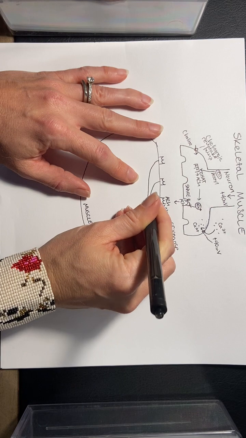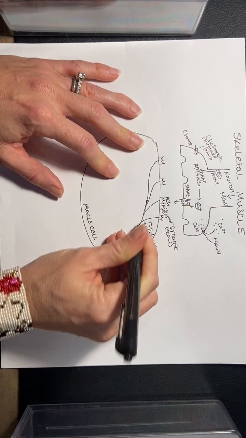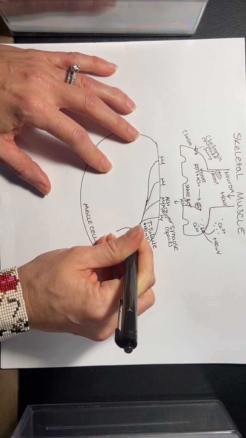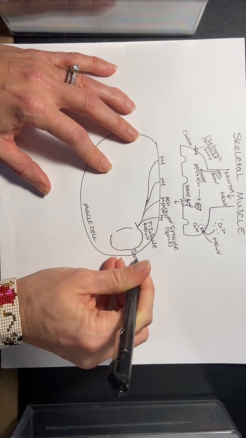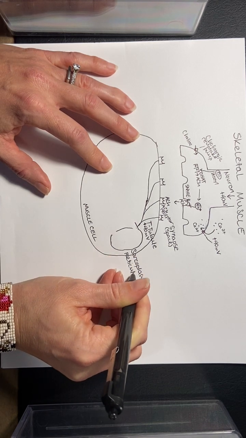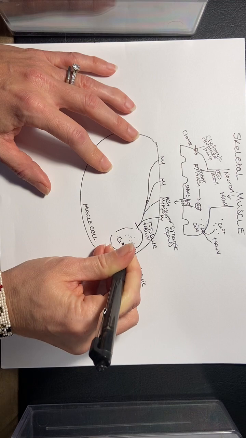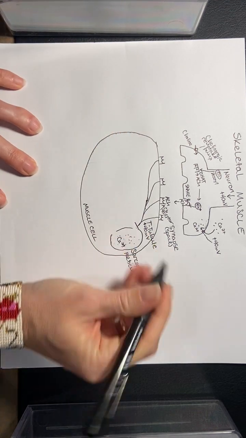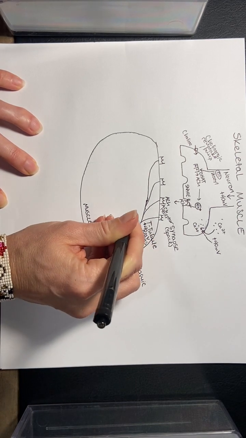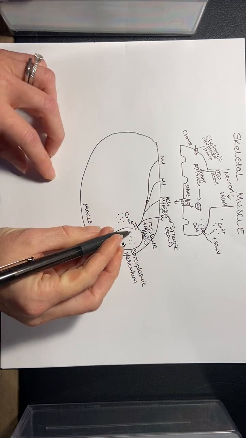And if it's successful, it gets to positive 40 millivolts, and that opens a door or a gate on the sarcoplasmic reticulum, which stores a bunch of calcium in here, right? So this calcium gate opens, and calcium comes out. And the calcium is going to bind to troponin.